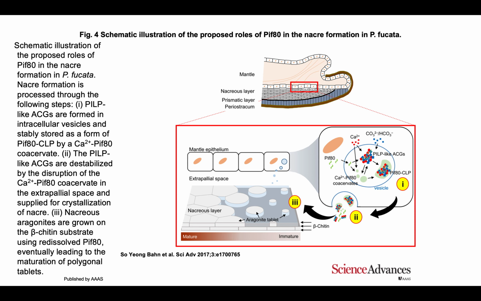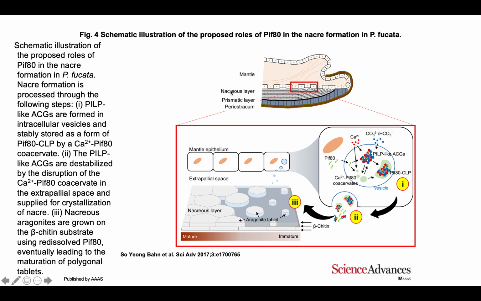Now, these things could grow three-dimensionally, and so what the cell does is it's got a layer called the nucleus layer. So the mantle is like the muscly part of the actual mollusk. And then the nucleus layer is the last layer that they just laid down. So this is the layer of the shell, but this is the shiny part.